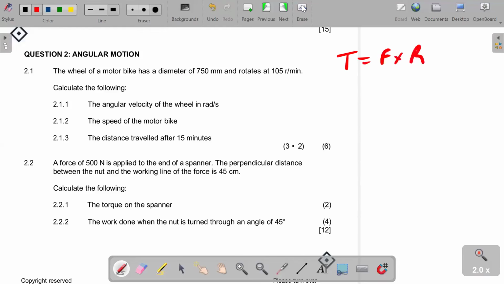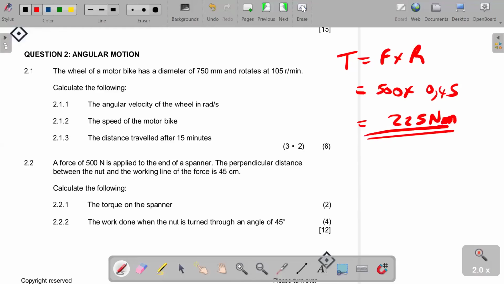Right, so we need to simply substitute what we have. A force of 500 multiplied by the working line, that's 45 centimeters. Converting that to meters gives us 0.45. Where is that coming from? We simply divided by 100. So that's 500 times 0.45, and that in turn gives us 225 Newton meters. We have arrived. That marks our torque.